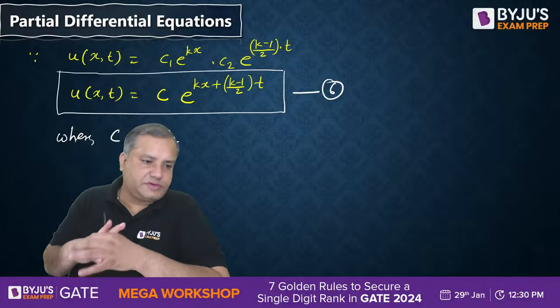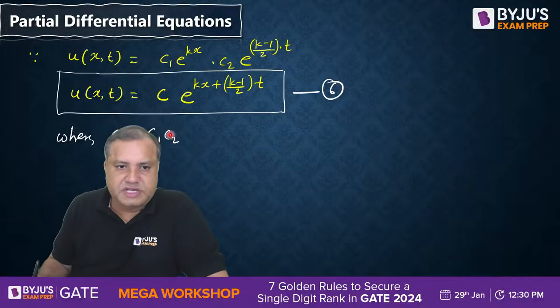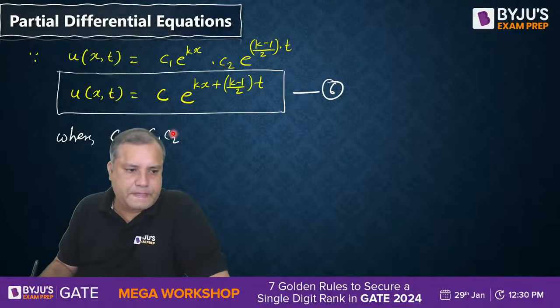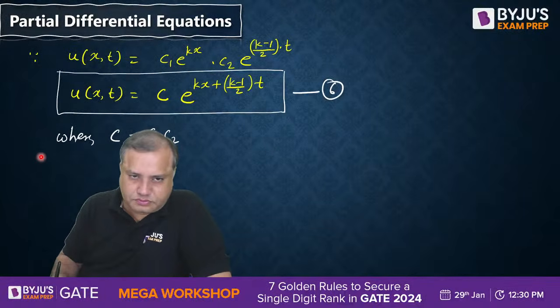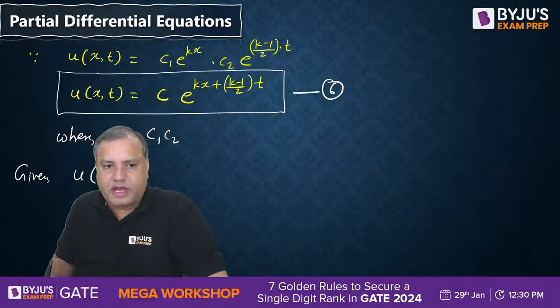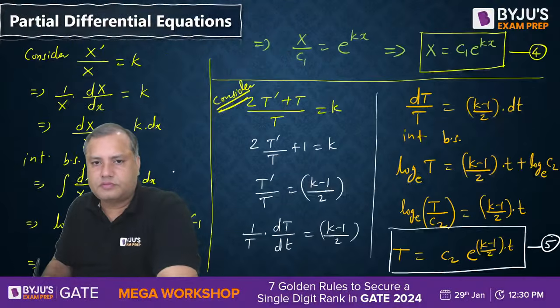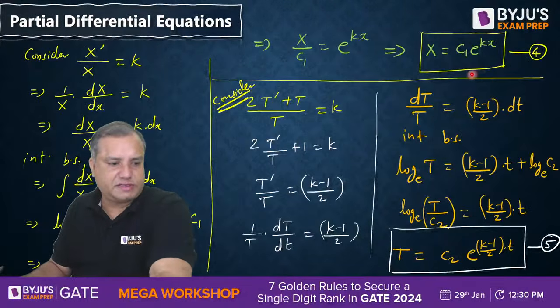Then what we can do? What is given? u of x comma 0 is 6 e raised to minus 3x.